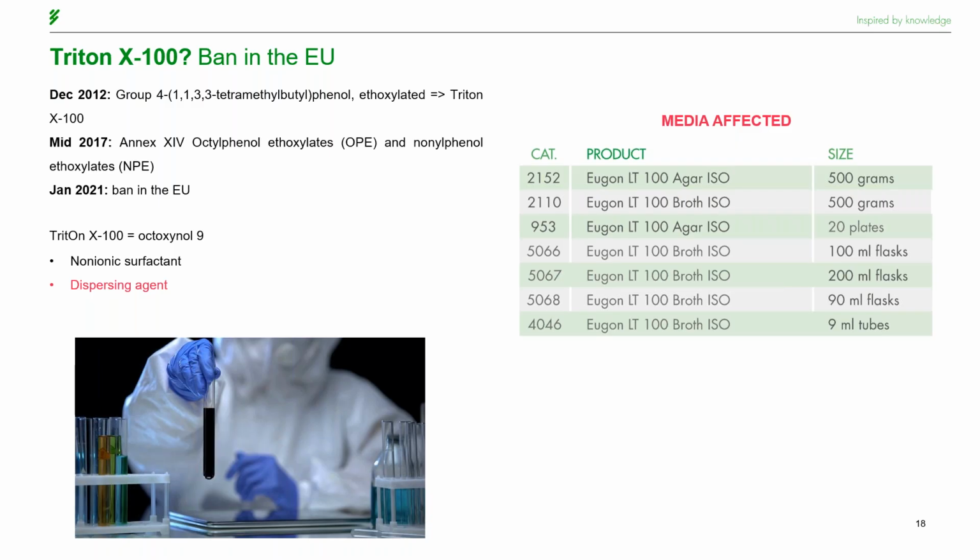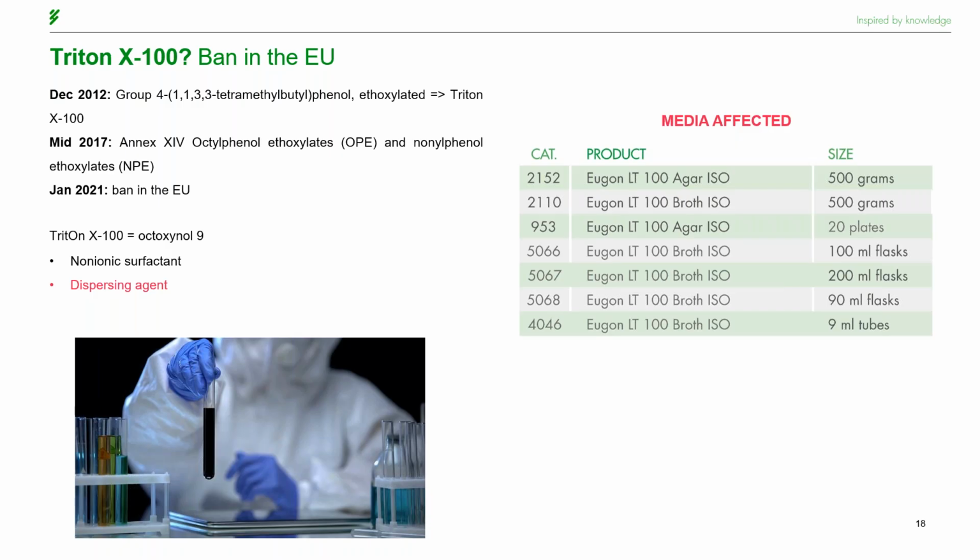And January 2021 was the sunset date after which these OPE and NPE substances cannot be used unless an authorization is granted by the authorities or the use is exempt from authorization, which is very sensitive and usually reserved for very high profile activities. And for this reason, it has been recommended to promote the evaluation and use of alternative substances that are friendly to the environment.